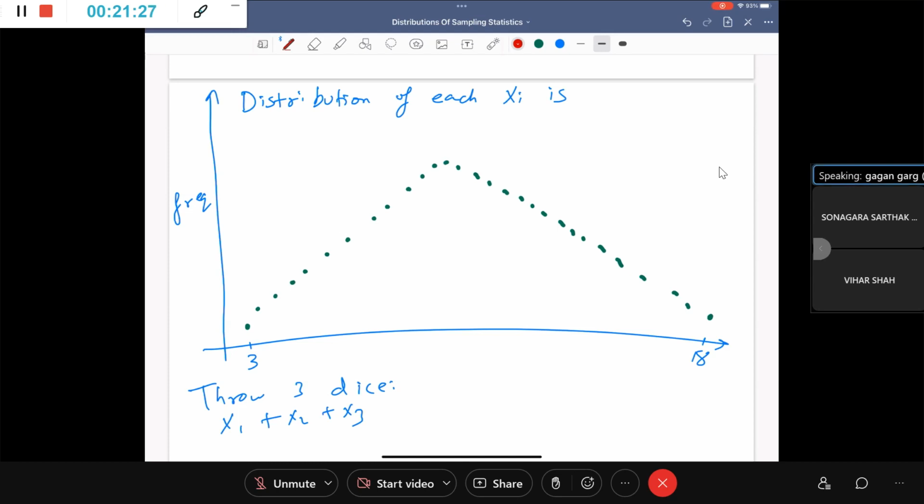What was the underlying distribution? Uniform. It's uniform. Correct. Great.